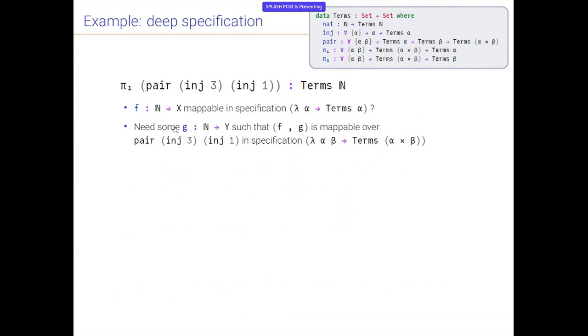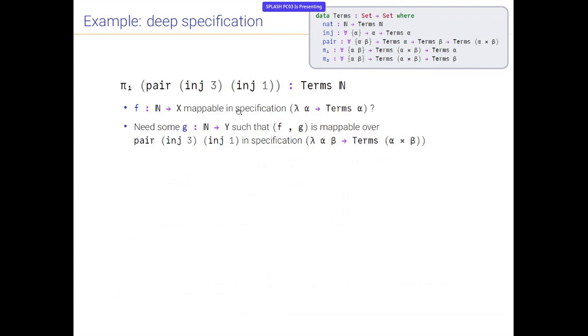So another way to say that is I need a second function, g from n to y, and the recursive call is telling me that the tuple f comma g should be mappable over whatever is the argument of pi1, which is here, pair of int3, int1.